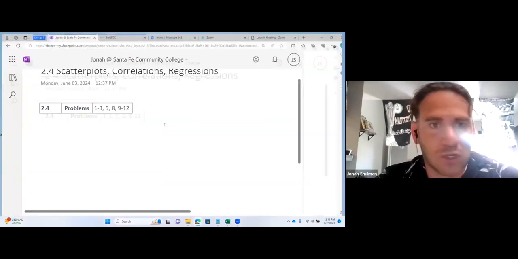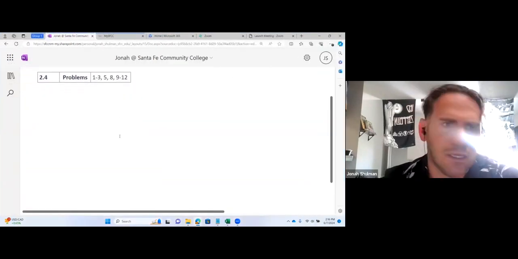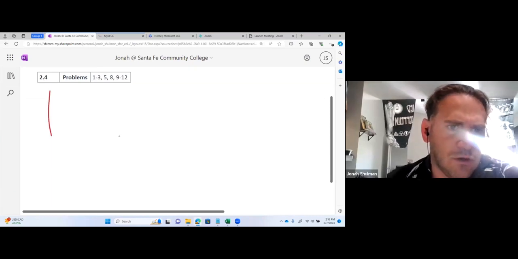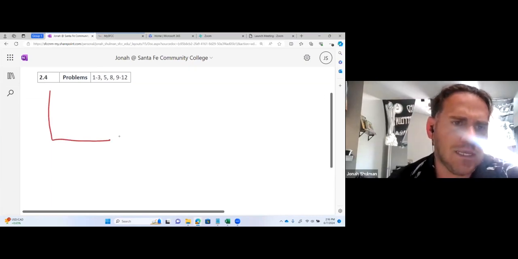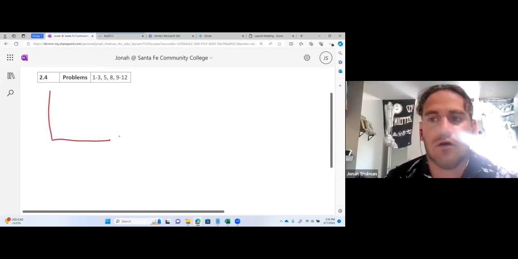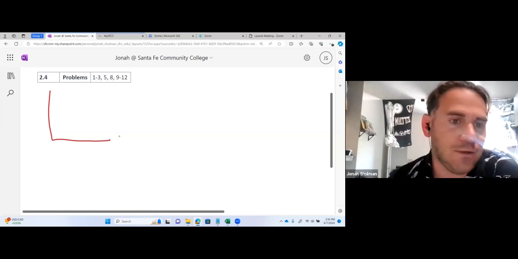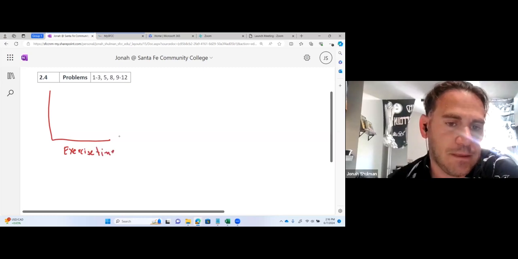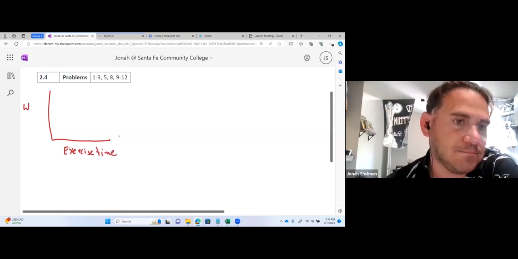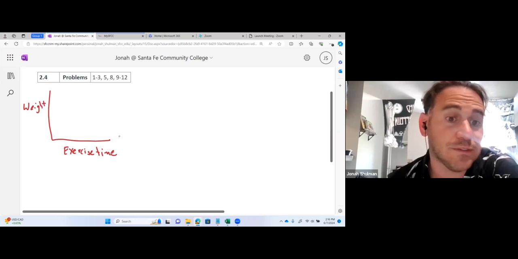So I'm going to start by just showing you what the scatter plot looks like. So here we go. And let's say we want to think, does our exercise time affect our weight? Something real simple, right?